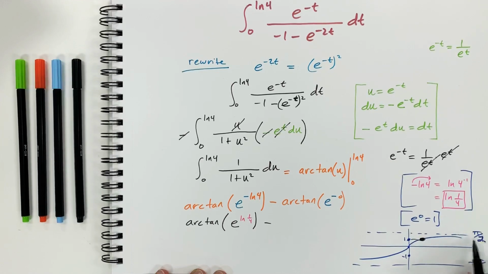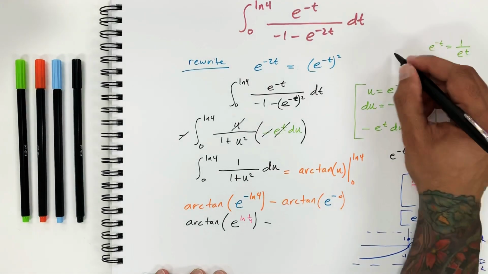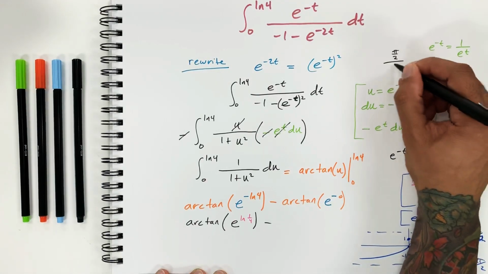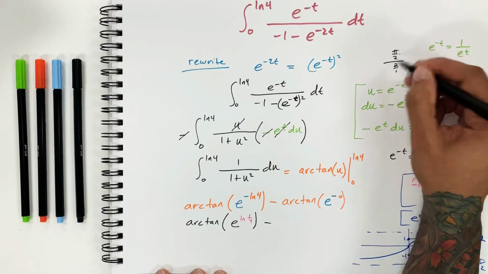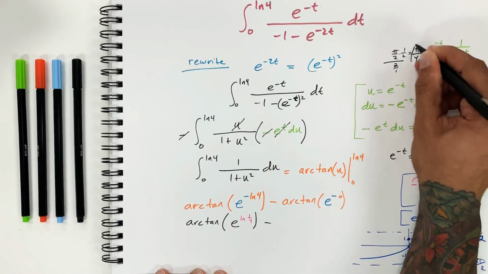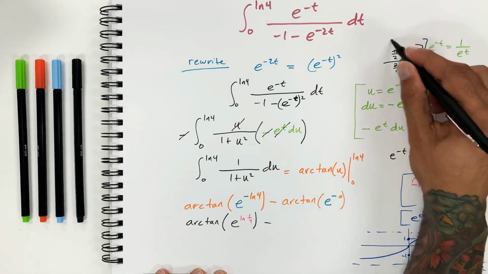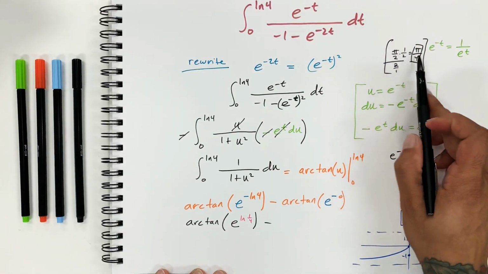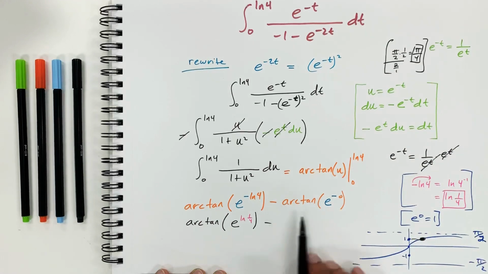If we divide pi over 2 by 2, we flip that up, so we get 1 over 2, and we get pi over 4. So pi over 4 is the value of arctangent of 1, looking at our graph.